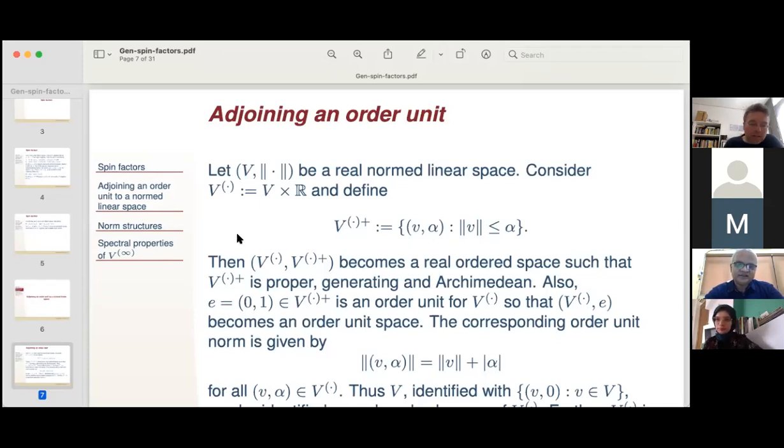Sorry, I'm not saying it's elementary. I'm just saying it might be interesting for you to look at the case where you take an order unit space where your cone is strictly convex and define the absolute value of x in the way I said. And then everything you do should go through in that way.